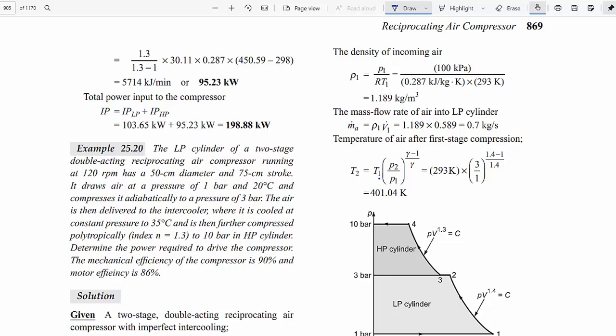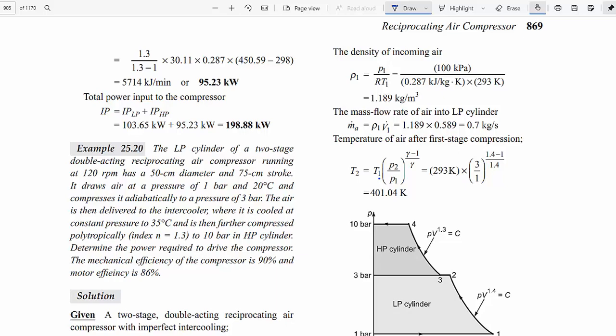The LP cylinder, low pressure cylinder, of a two-stage double acting reciprocating air compressor running at 120 rpm, has 50 centimeter diameter and 75 centimeter stroke.